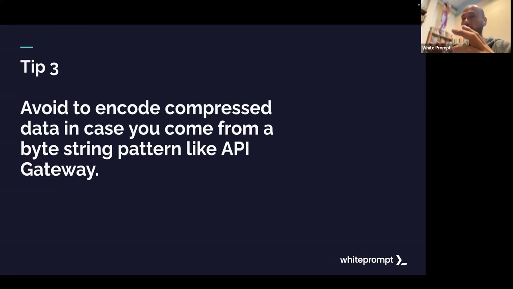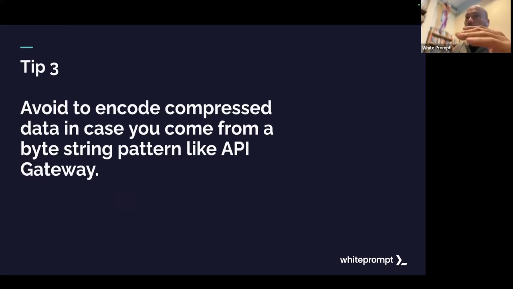But related to this topic, we were receiving data through an API gateway, and we discovered that sometimes when we are receiving data as a payload, we need to encode the data in base64, and for the Glue jobs, we need to avoid encoding the data in base64.